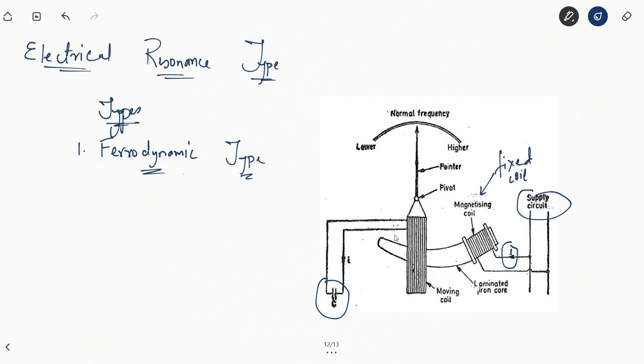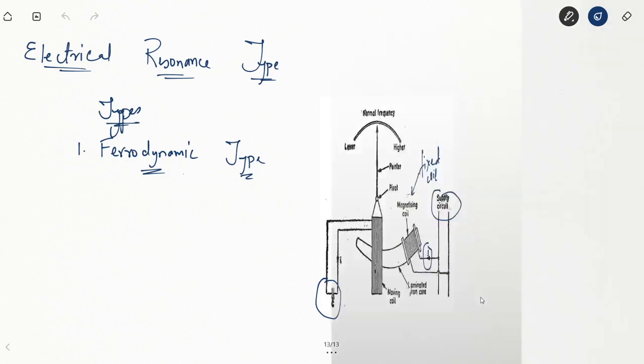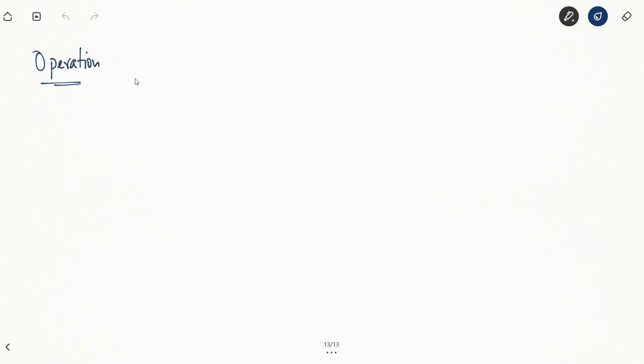Now this rotation will actually be proportional to the amount of current and as well as the flux being linked with this moving coil. So we will have three different scenarios. Assume this is our current I flowing through the magnetizing coil.